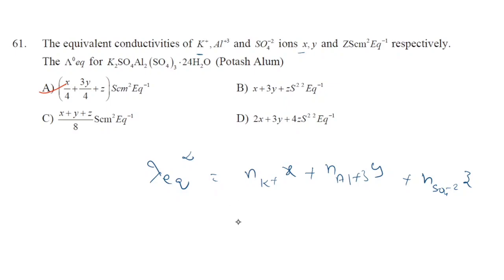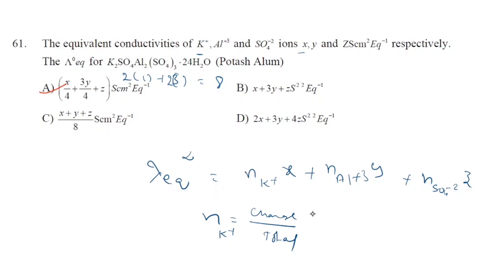So how to calculate the number of equivalents? It is nothing but the charge of the ion divided by the total charge. Let us take the total charge here, either the cation or the anion. Suppose we consider the K plus, there are two K plus ions, 2 into 1, plus there are 2 Al plus 3 ions, so 2 into 3 is 6.